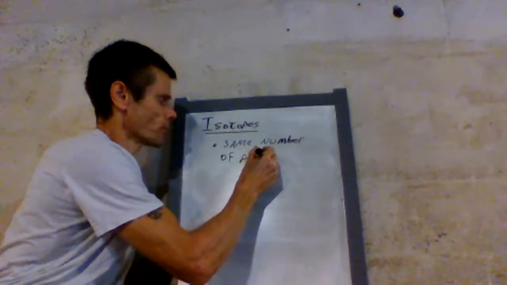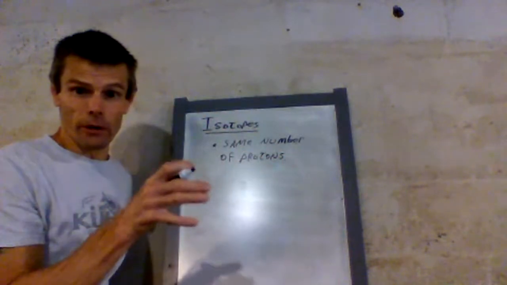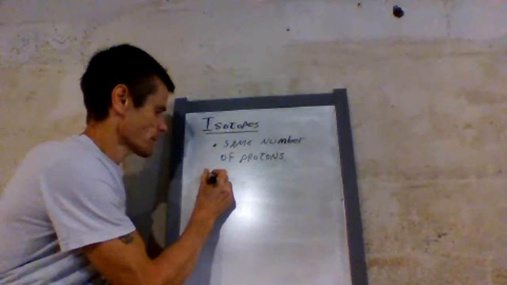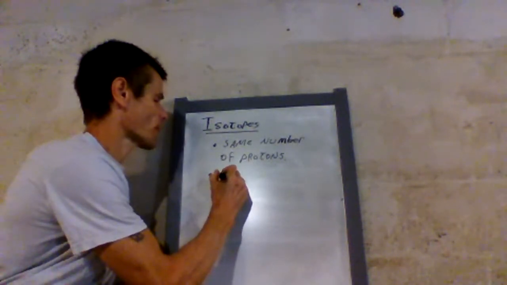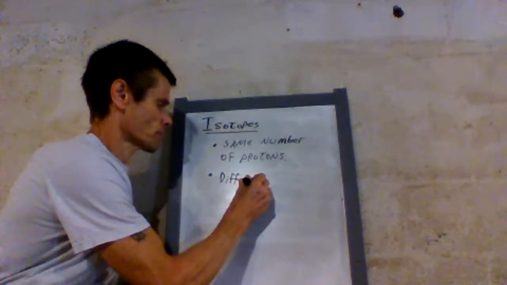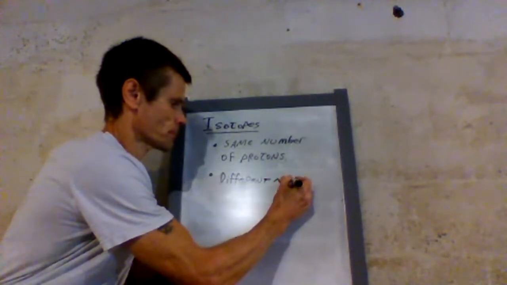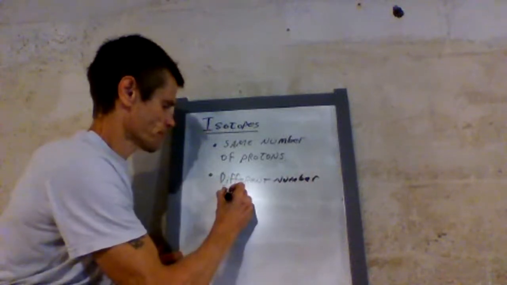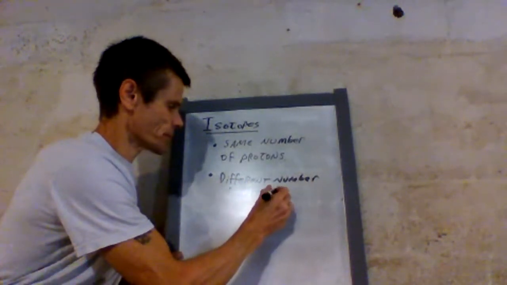So an isotope is an atom of a particular element, because they have the same number of protons, but they have different numbers of neutrons. So that's how we define an isotope.